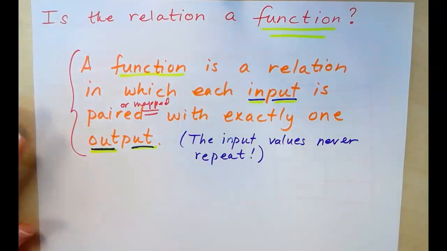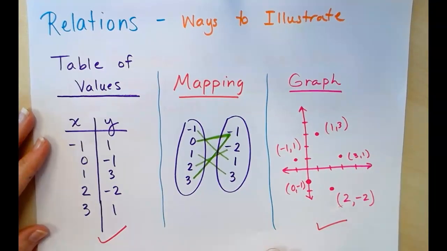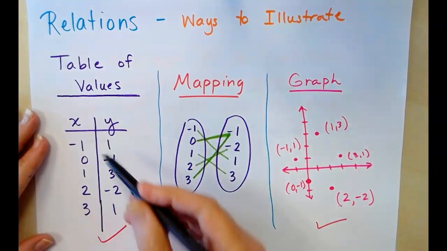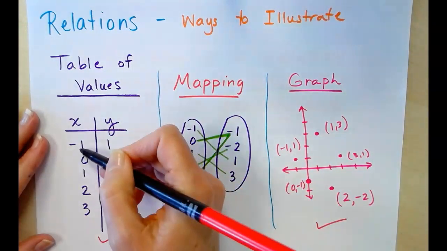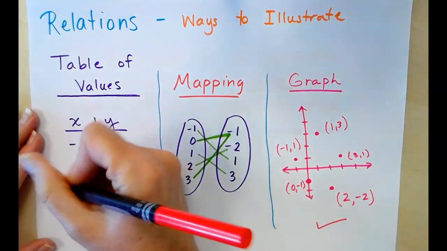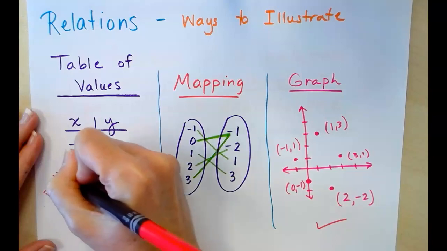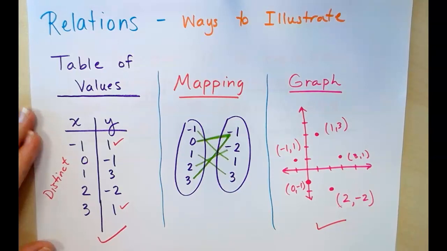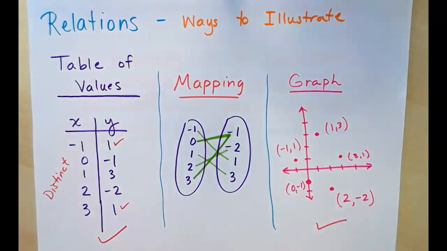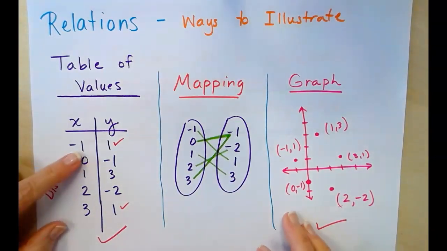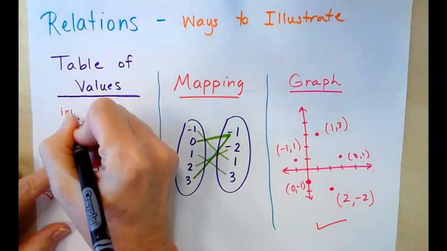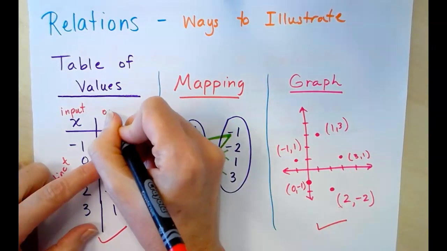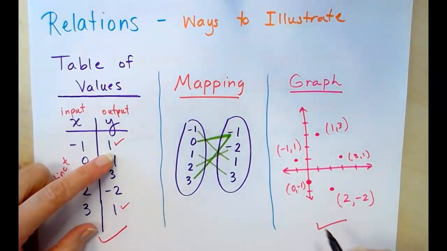So, if we look back at the relation we were just examining, it appears to me that in the table of values, all of the x values are distinct. Now, we have a y value that repeats, but that's okay. Here's the deal. When we plug in -1 as our input, it only takes us to +1 as our output.